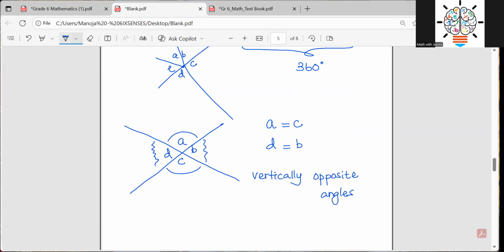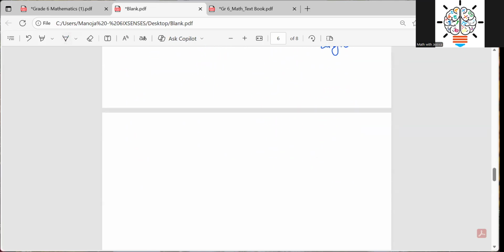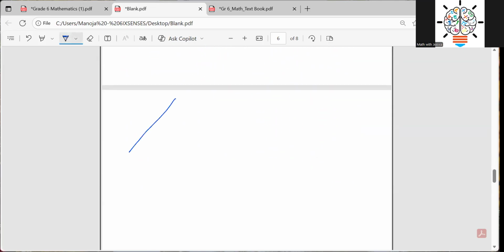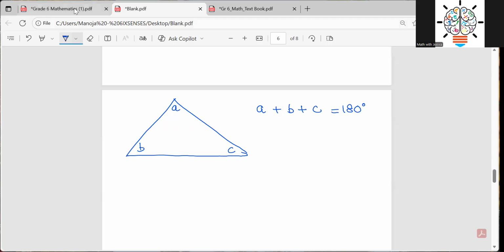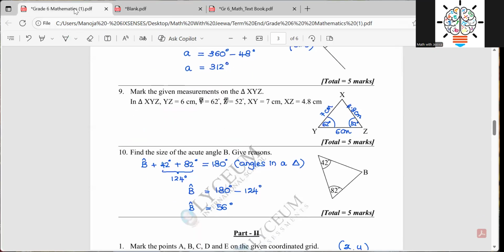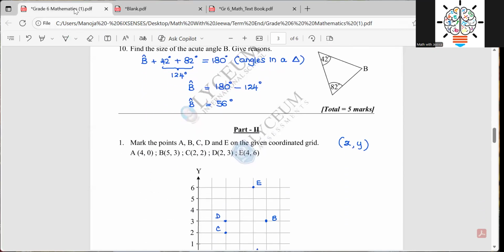Okay. And the other thing you should know, if you have a triangle, in a triangle we have three sides and three angles, A, B, C. If you add A and B and C, it adds up to 180. So those are the theory content they are checking here, right?